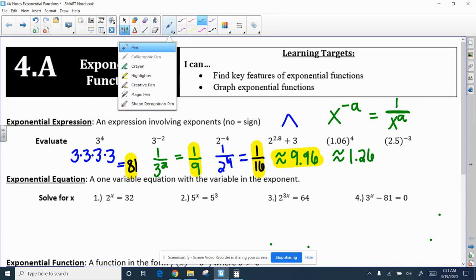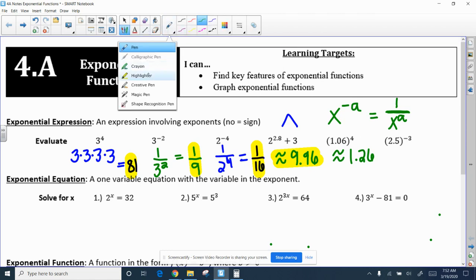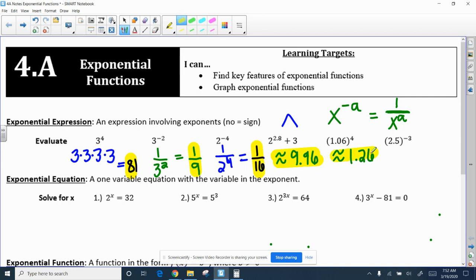Okay, now this last one is going to be a little tricky because it has a decimal and a negative exponent. So let's think about what this means first of all, and then we will get a decimal approximation on our calculator. 2.5 to the negative 3 power, I know I can write this as a fraction. It means 1 over 2.5 to the third power. So I jump the line to the bottom of a fraction and switch the sign.